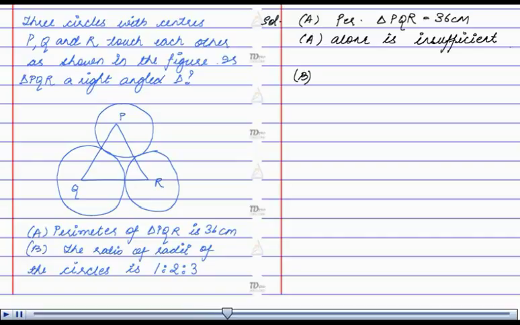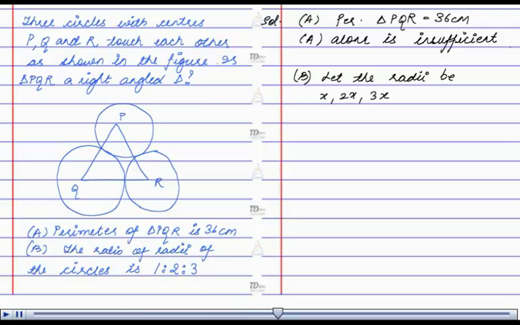From statement B, we have the ratio of radii of the circles as 1:2:3. So, let the radii be x, 2x and 3x.